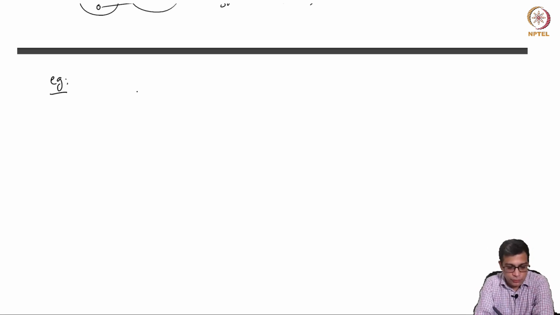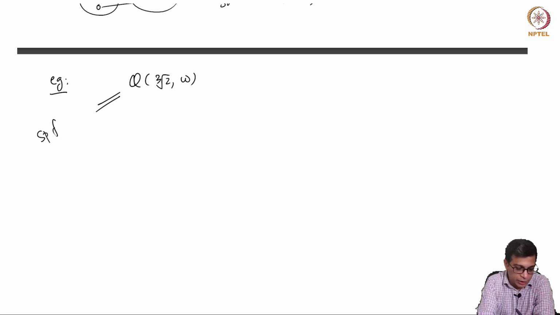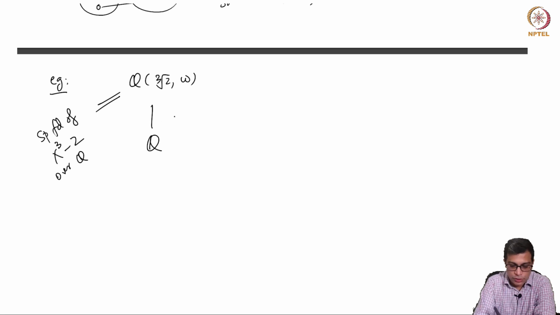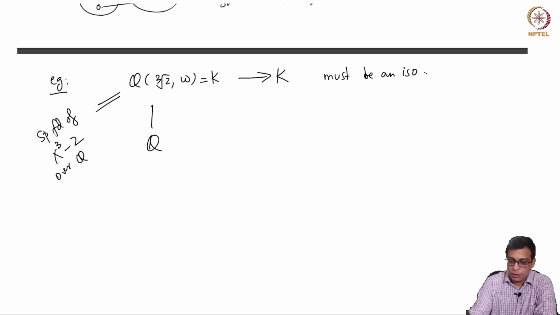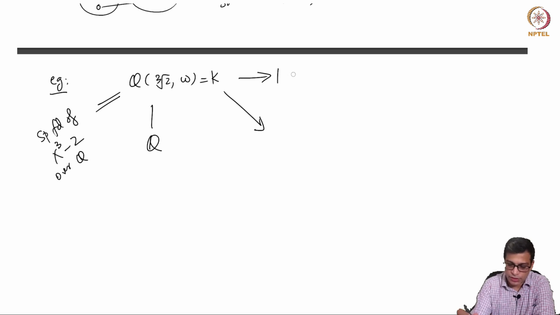For example, take cube root of 2, zeta_3 or omega as it's called, the splitting field of x^3 - 2 over Q. So this is K. Any map you take must be an isomorphism. But if you take to C, let me not get into this. This is all I am saying.